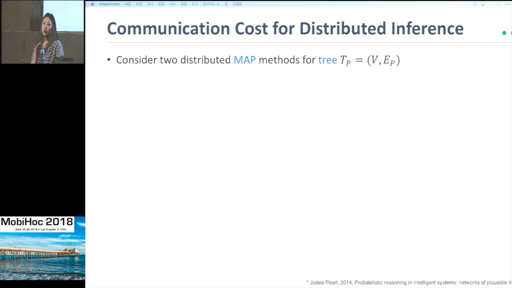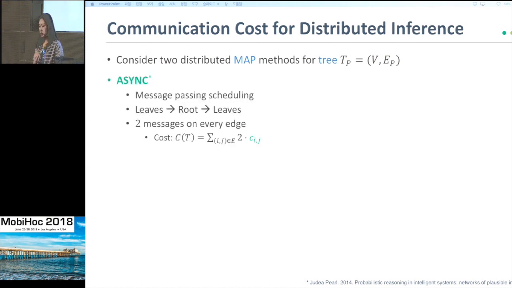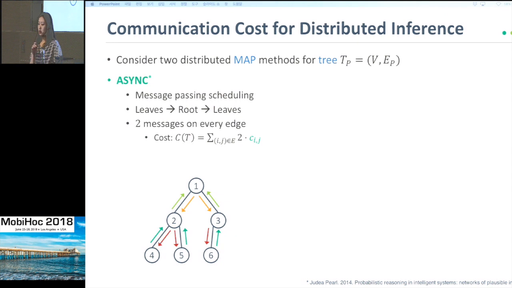To analyze the impact of different communication costs on inference, we consider two distributed MAP methods, which have different message passing scheduling protocols. First is the synchronous algorithm, where messages are passed from the leaves to the root and downward to the leaves again.